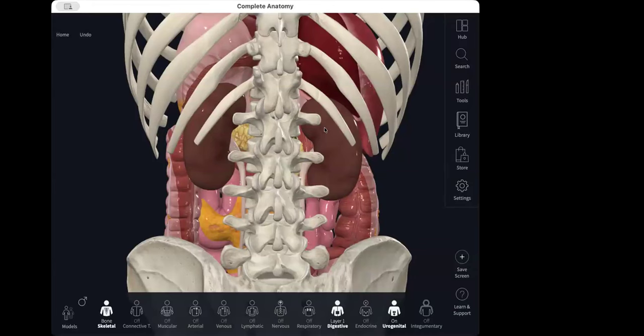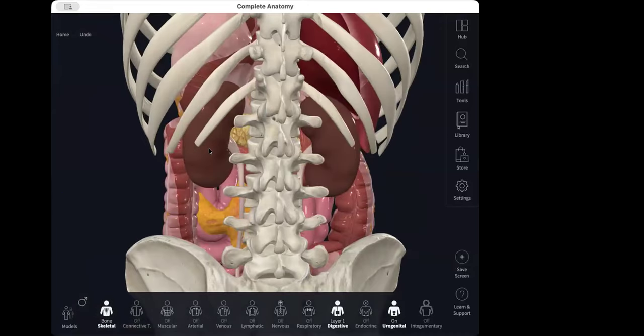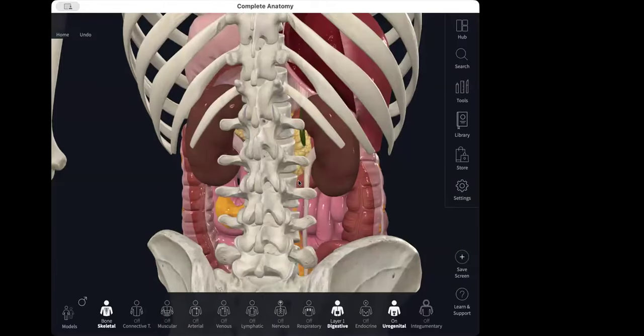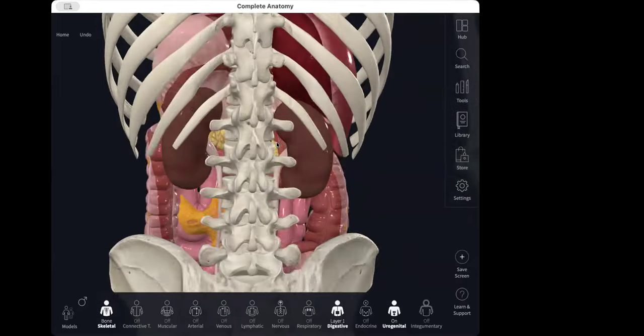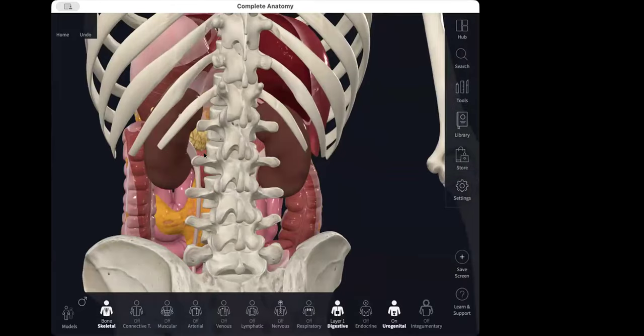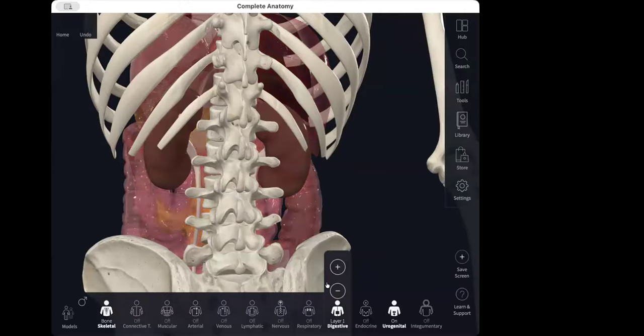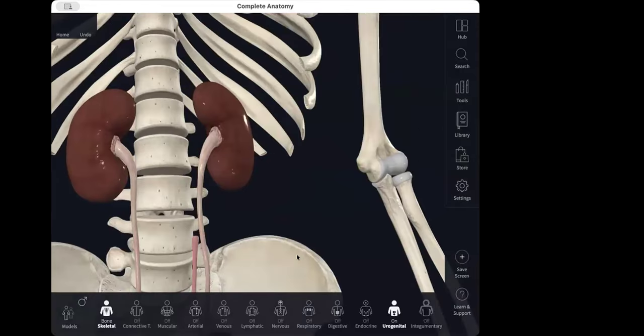It's around there. You can also see here, these are the ureters coming from each kidney. This one here is the right ureter, and this is the left ureter. In fact, if I remove the digestive system, we'll be able to see them more clearly.